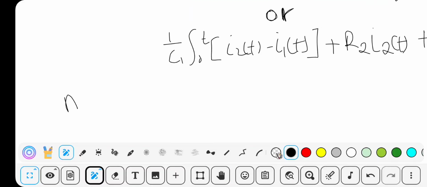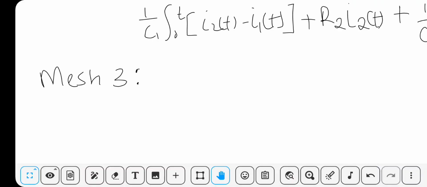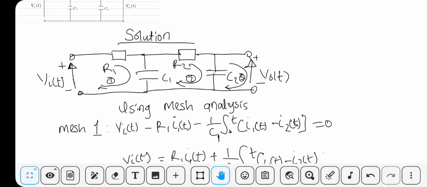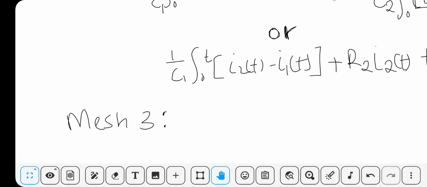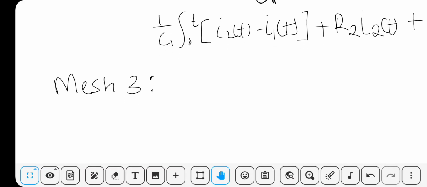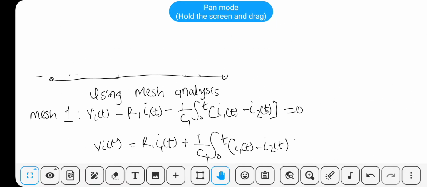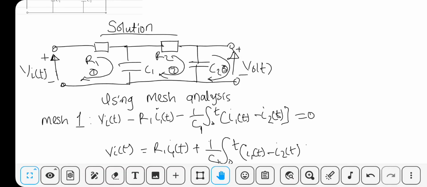So now let's go to mesh 3, which is the open circuit, the main open circuit. Analyzing this third one, the capacitor common to 2 and 3, let's do this like this.